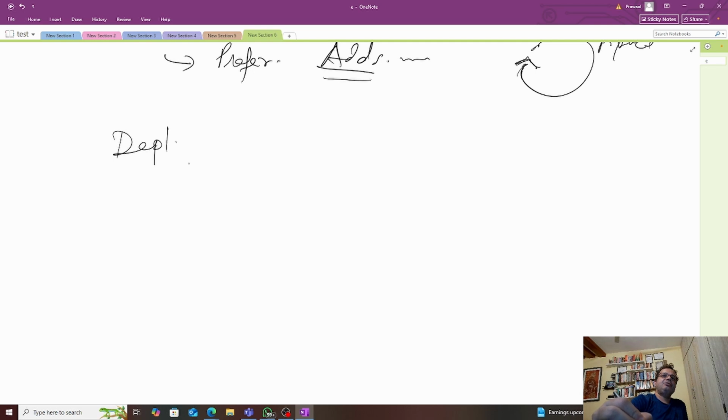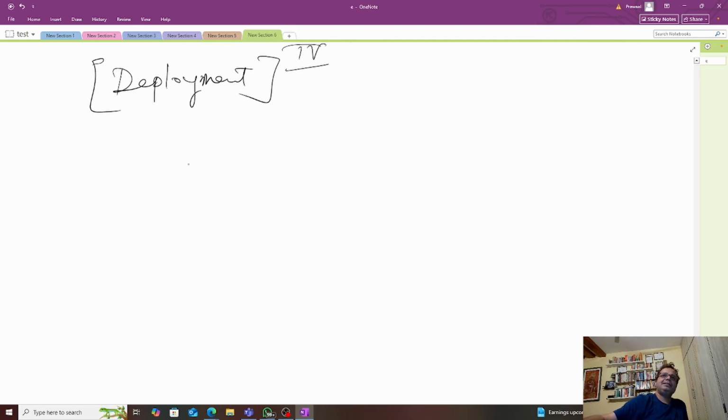Then in the case of deployment, this time we are more concerned about the ethical biases that can arise in various phases of a software development life cycle. So in the case of deployment, a lot of algorithms are still in the R&D phase.